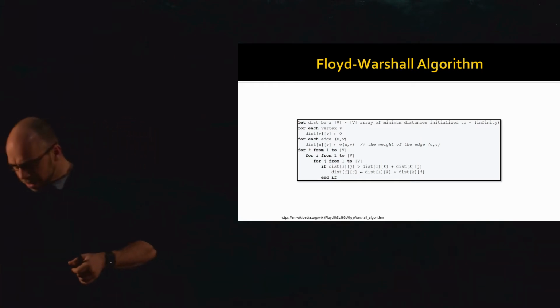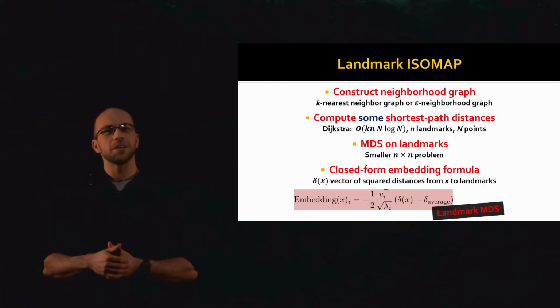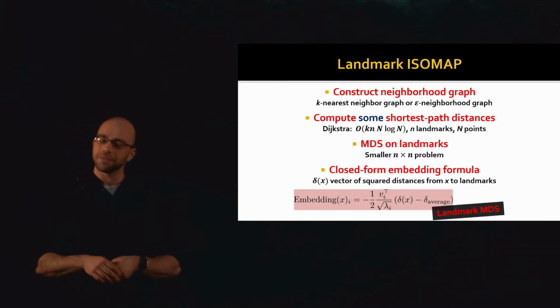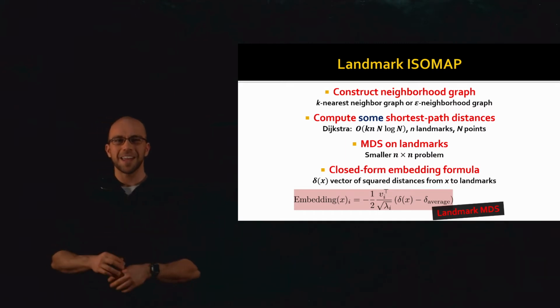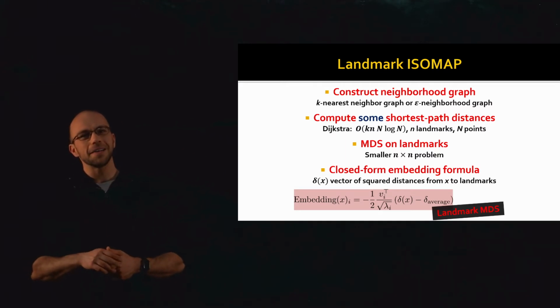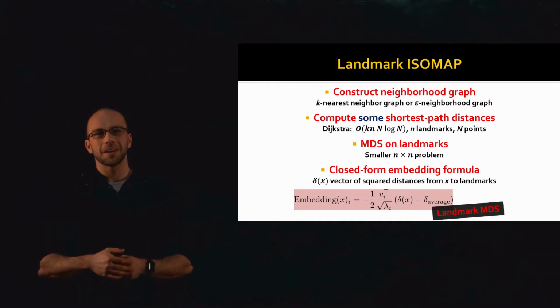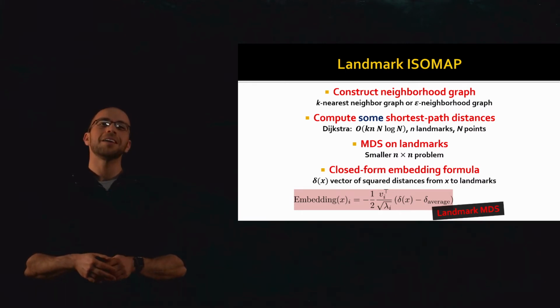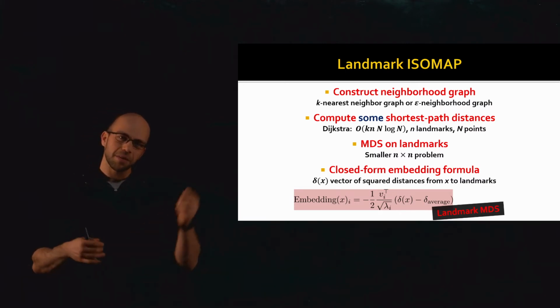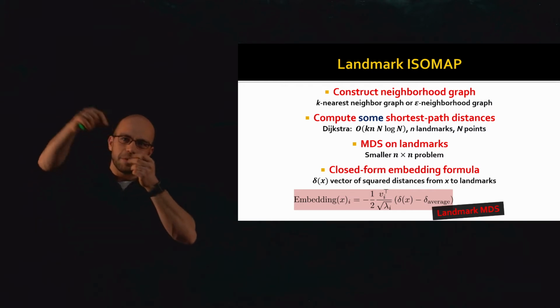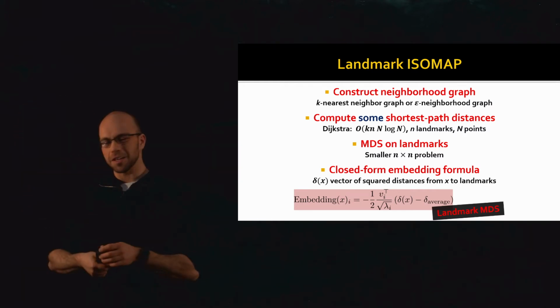It's also worth mentioning that just the same as we talked about a landmark version of MDS, we can apply that landmark MDS technique that we already derived to deriving a landmark Isomap algorithm. So remember, in landmark MDS, when we introduce a new point in our data set, we just need the vector of squared distances to all the old points.